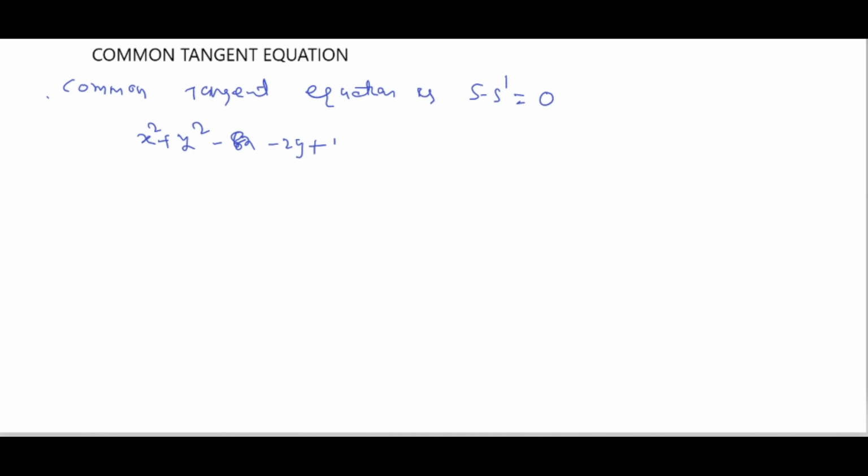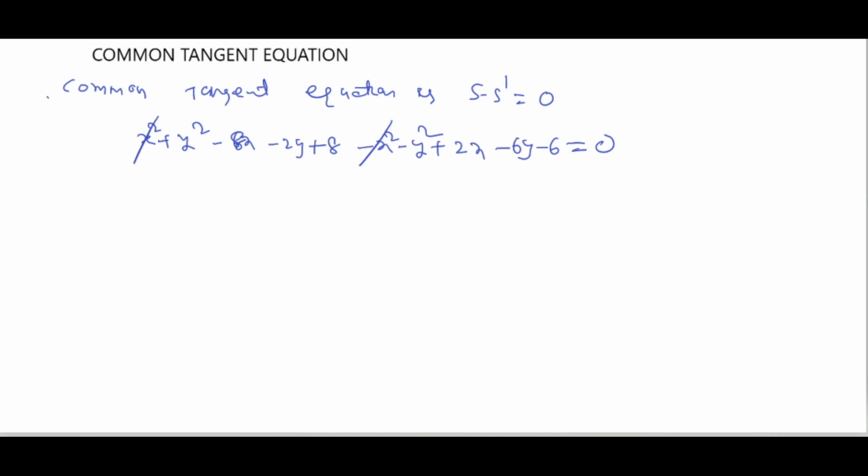Now we find the common tangent equation. The common tangent equation is S minus S dash is equal to 0. So the first circle equation is x square plus y square minus 8x minus 2y plus 8, minus x square minus y square plus 2x minus 6y minus 6 is equal to 0.